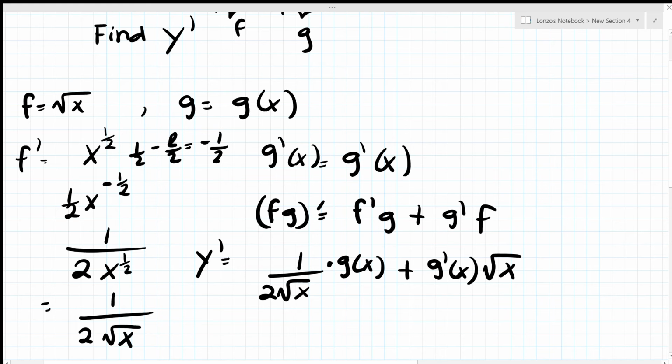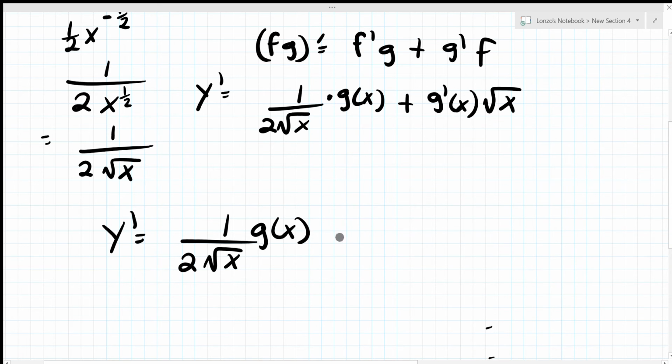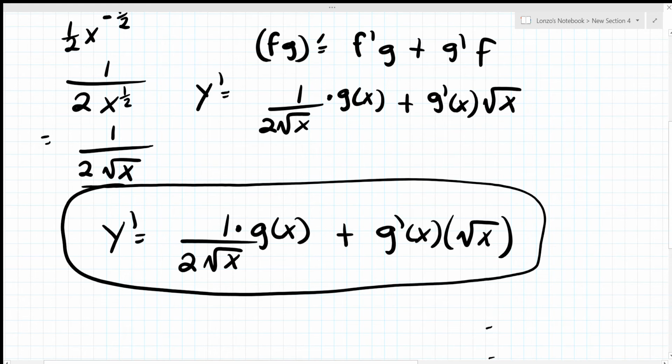So your final answer, let me rewrite it, is this: y prime equals 1 over 2 square root of x times g of x, plus g prime of x times square root of x. Okay, so this is your final answer. So that was example 2.